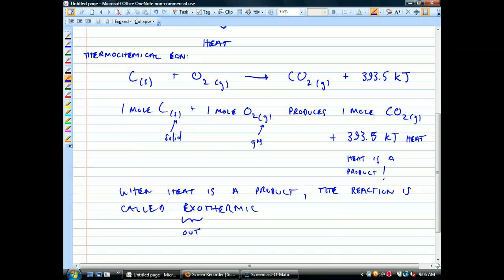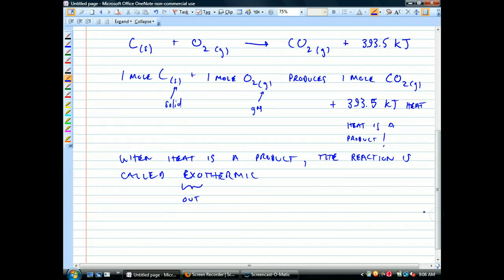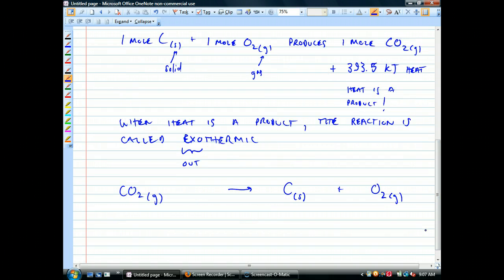Now, if I turn this reaction backwards, let's say I wanted to take CO2 gas and break it down into carbon and oxygen once again. It would require the same amount of energy.